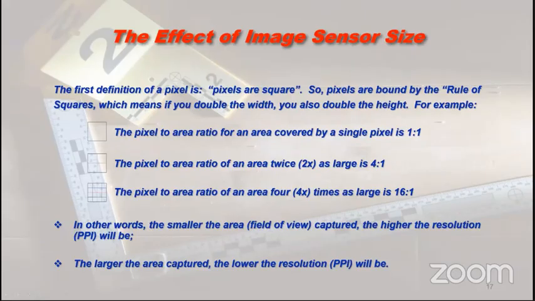So when we actually start talking about the difference of the size of the area that we are covering, we have to think about how many pixels we have to capture that area.